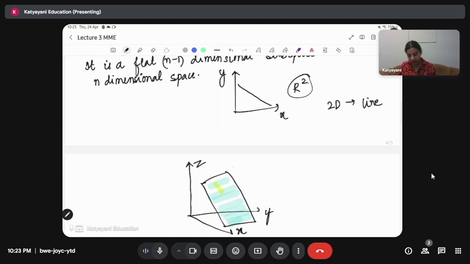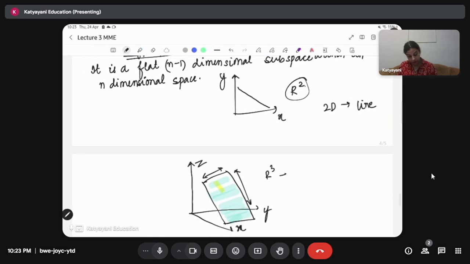So in R3, which is three-dimensional space, a plane is a hyperplane, right?